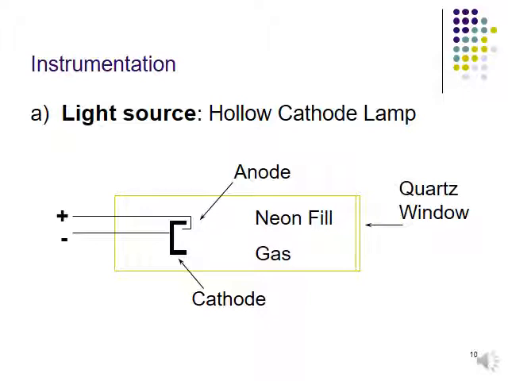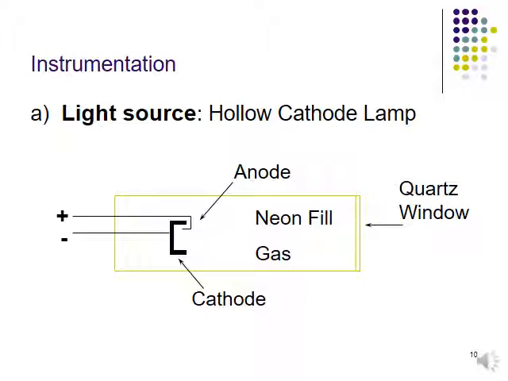Basically, we choose neon because neon is a stable gas and it will not become a radical when we supply a certain amount of energy. It will still be considered stable. And then we also have the quartz window.